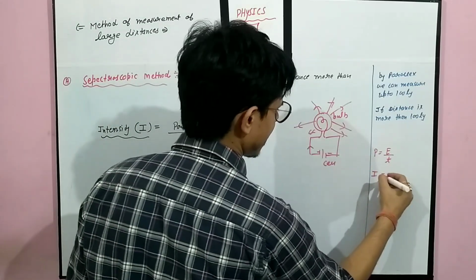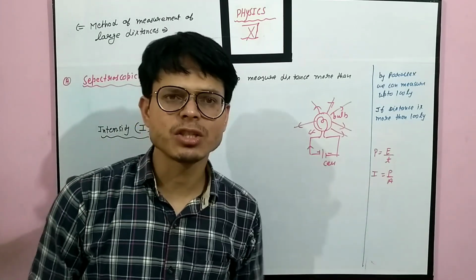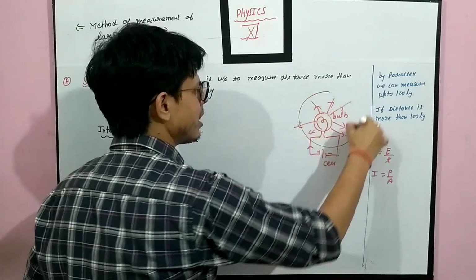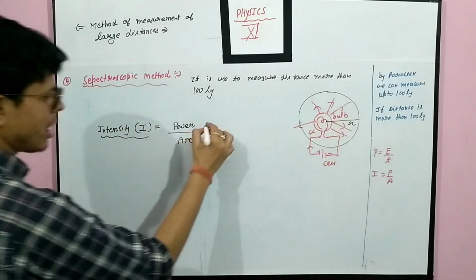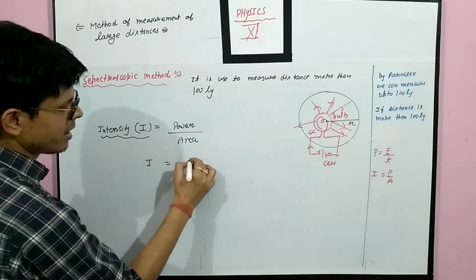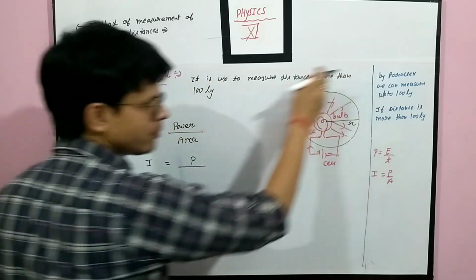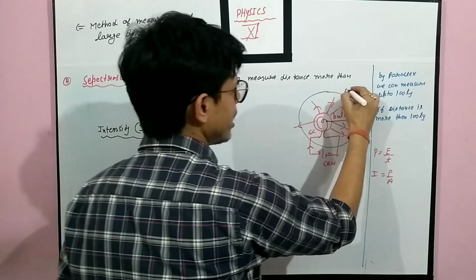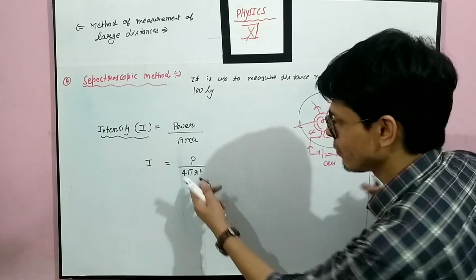Suppose we want to find out the intensity of this bulb at a distance r from it. Intensity I will be the power of the bulb P upon the area, which is pi r square, and if you take a sphere it is 4 pi r square. The area of a sphere is 4 pi r square.